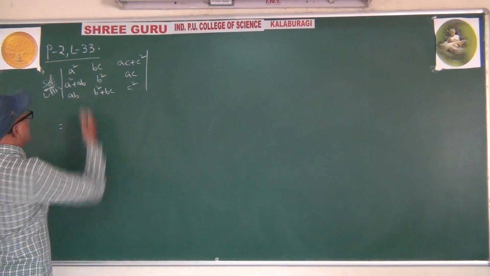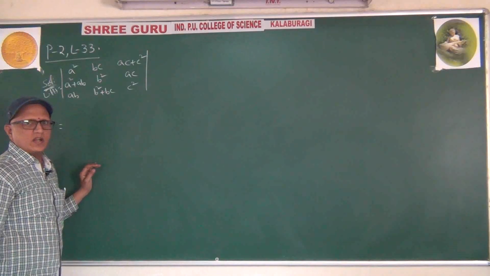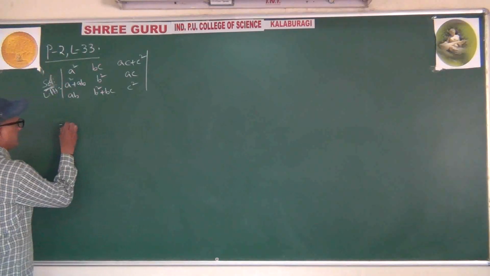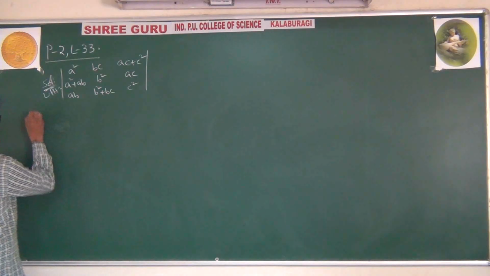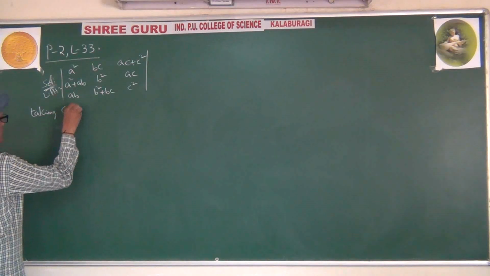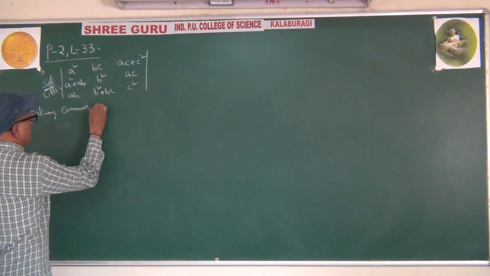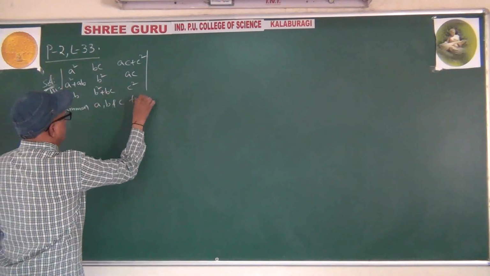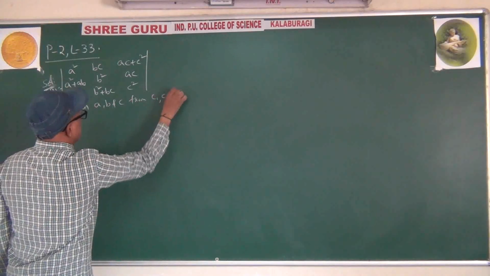In this type, okay, we can take a common. That is more better, right? a square plus ab, ab is the a common. Taking common a, b and c from C1, C2 and C3.